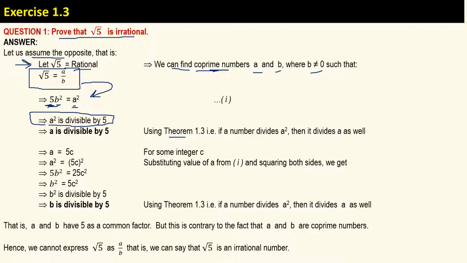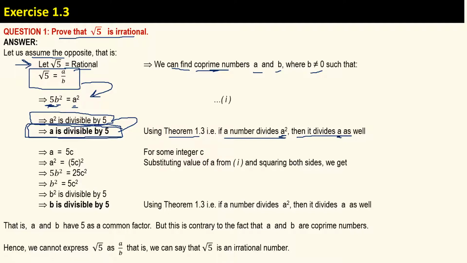Now using theorem 1.3, which says that if a number divides a², then this number divides a as well. So if a² is divisible by 5, then a is also divisible by 5. So this is what we conclude here.